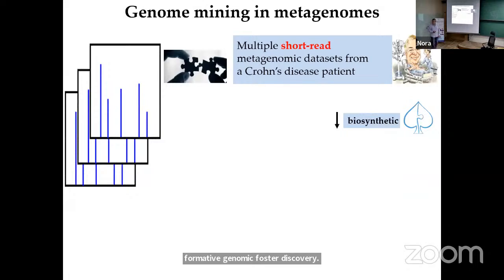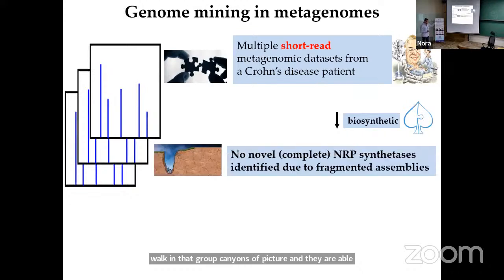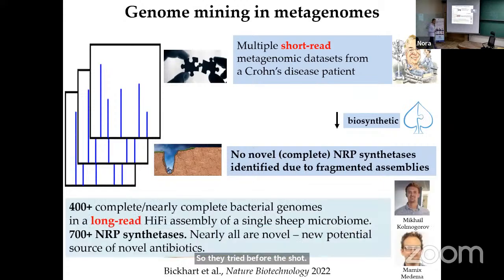And that's why we were extremely excited when we saw two years ago that long and accurate reads came into the picture, and they are able to assemble complete genomes, because assembly of complete genomes was the major obstacle here. So we tried before with short reads that didn't work, and then we partnered with leading antibiotic researchers in Denmark, and in a single project from Sweden, we assembled hundreds of novel non-ribosomal peptide synthetases, and there is work now to figure out how to combine all this data.